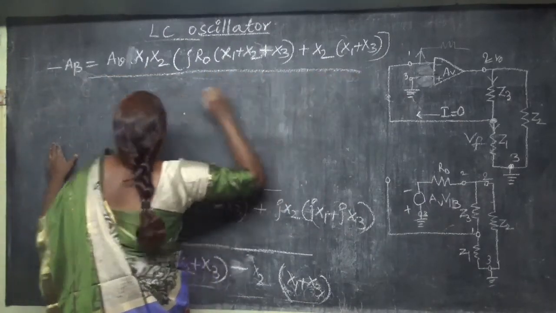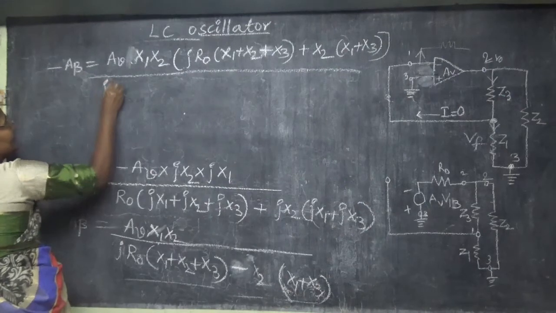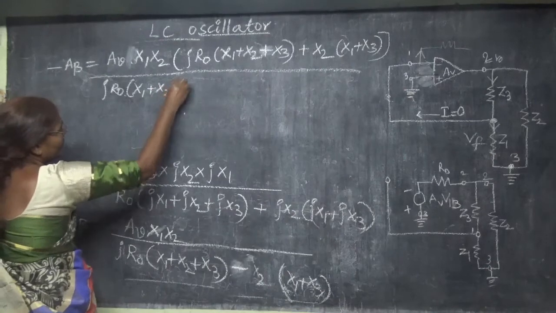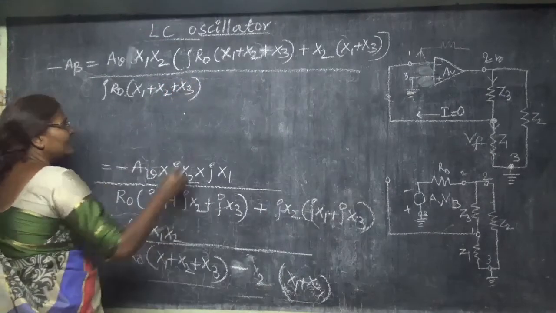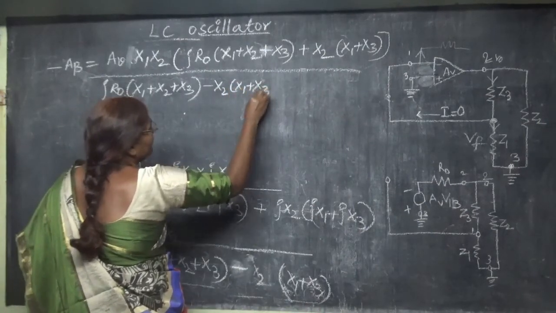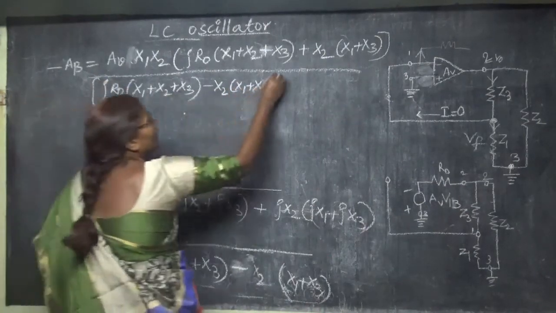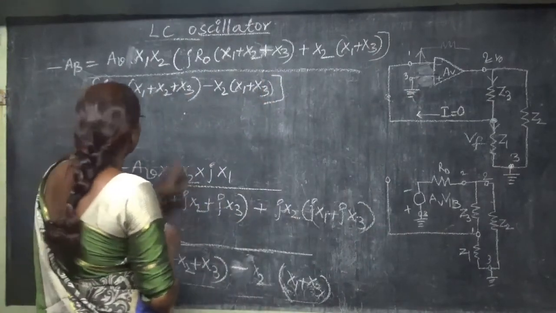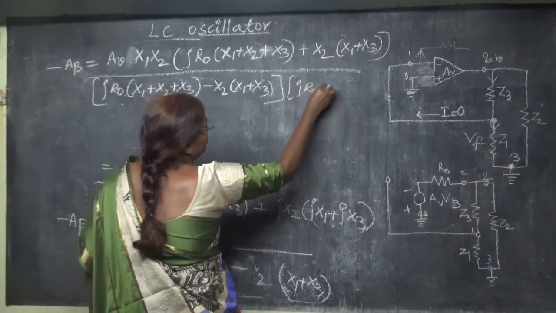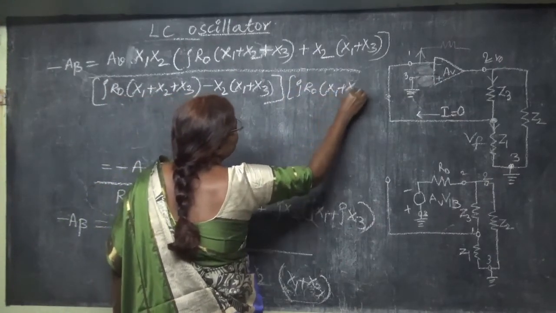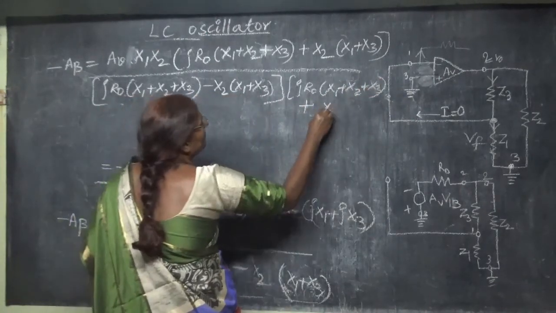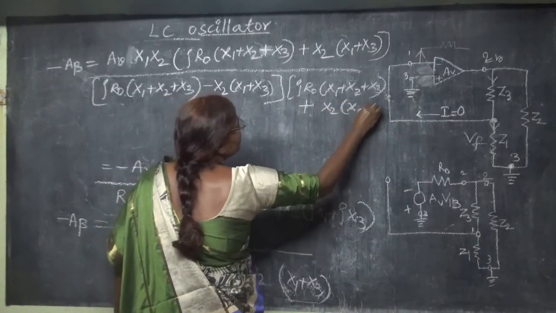So if I multiply this with the denominator, jr0 into x1 plus x2 plus x3 minus x2 into x1 plus x3 into the same thing with plus: jr0 x1 plus x2 plus x3 plus x2 into x1 plus x3.